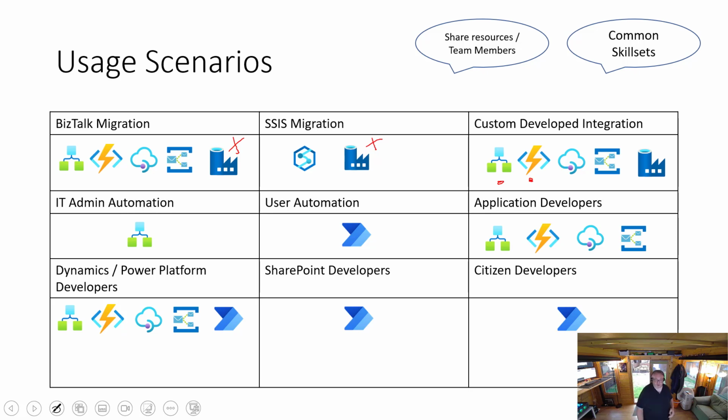And then we start having other things coming into play. So maybe your IT admins over here, they might be using logic apps to do some automation of their IT admin tasks. You might have some of your business users or IT users doing self-service automation with Power Automate.